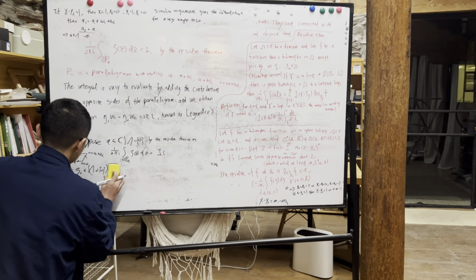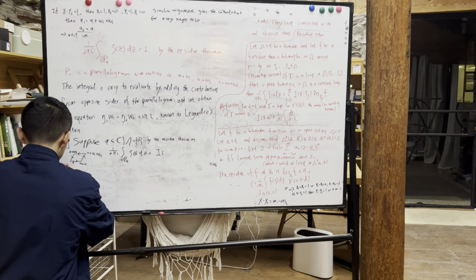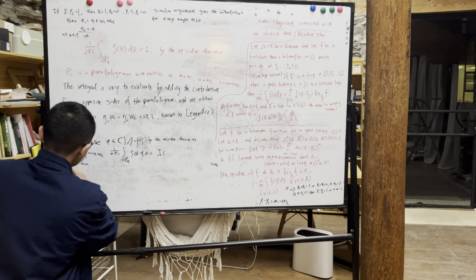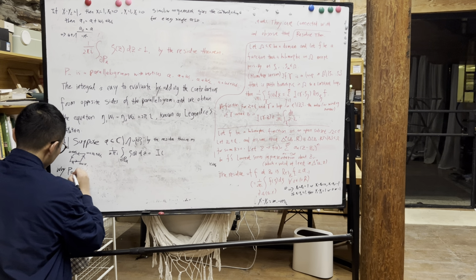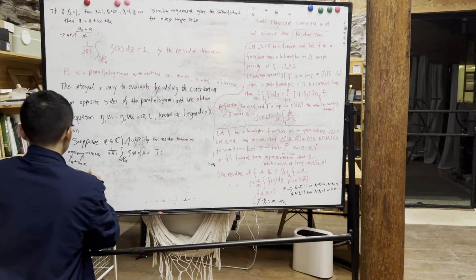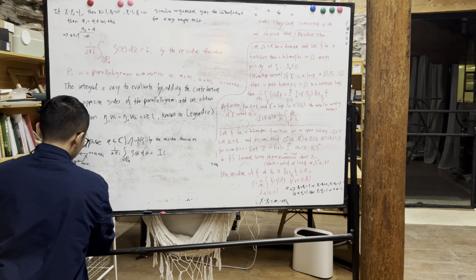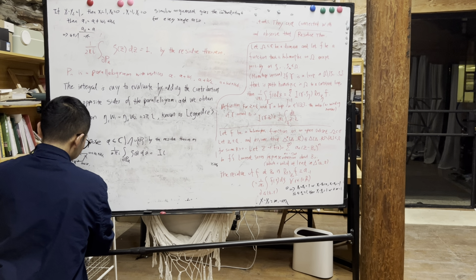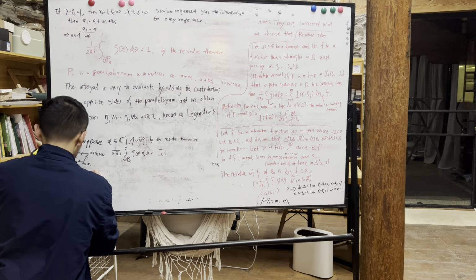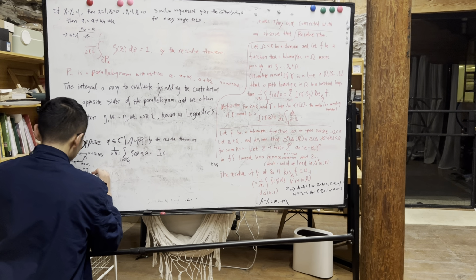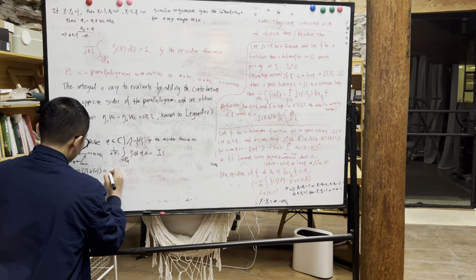Okay, so PA intersect this union of the lattice point and 0 is not empty.